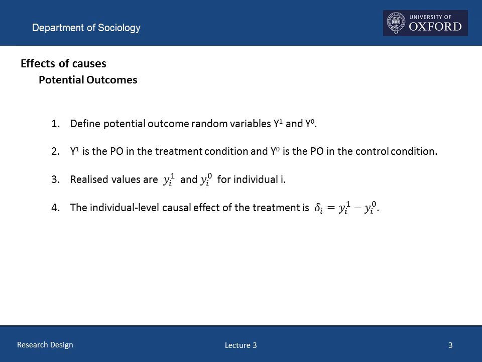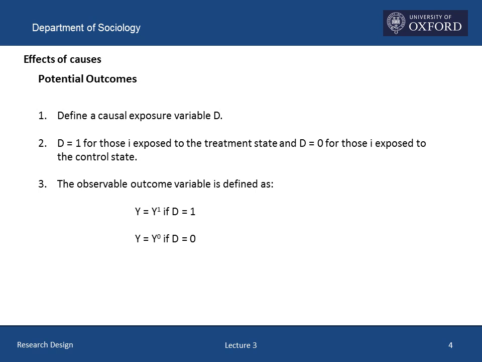In other words, delta i is the difference for individual i in what would be observed if they were exposed both to the treatment and to the control condition. So, we've defined what it means to talk about an individual level treatment effect. But we're not done with the definitions.